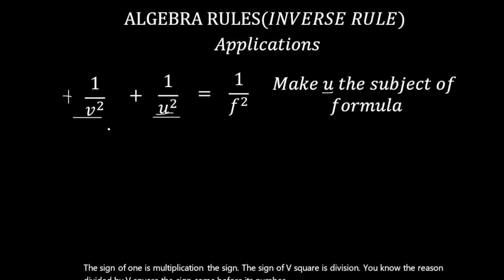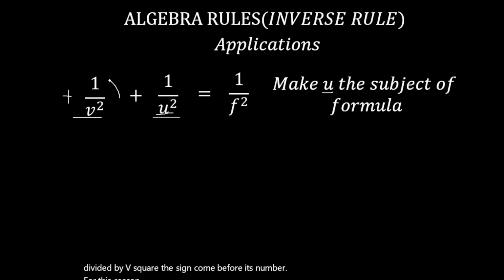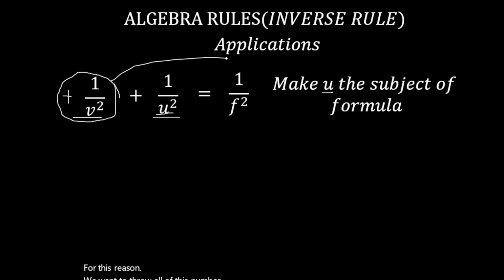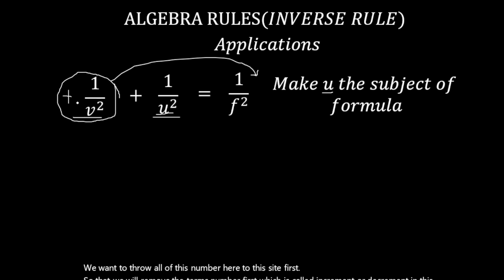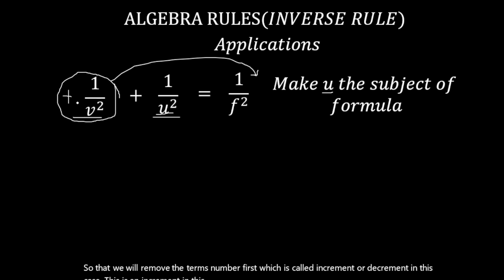For this reason, we want to throw all of this number here to this side first, so that we will remove the term's number first, which is called increment or decrement. In this case, this is an increment because it's plus. If it is minus, it will be a decrement.